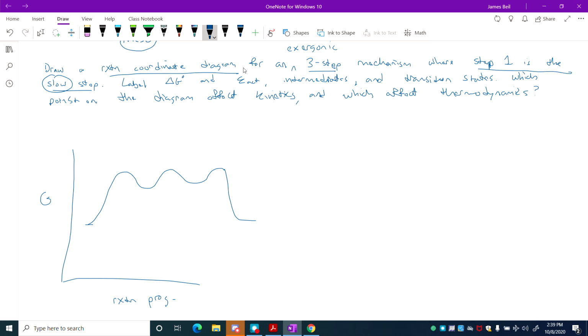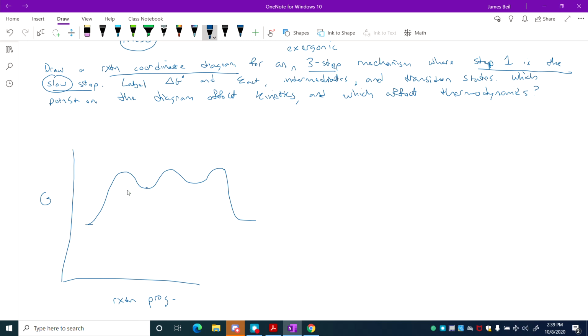The slow step, it's like an assembly line, right? I can't do the second step until the first step happens. So if the first step is a slow step, it means it doesn't happen very often. Once it does, as soon as an intermediate forms, since one will only form once in a while, there will be a higher chance that it undergoes the next step before another intermediate forms from the first step.